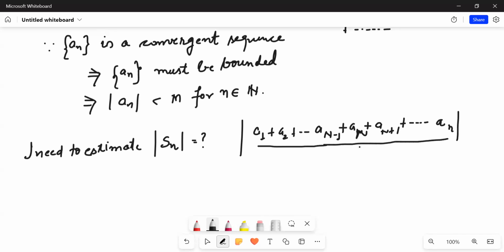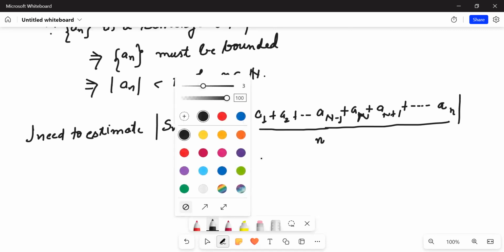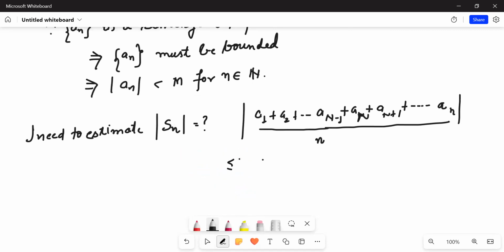This whole divided by n. And certainly this will be less than or equal to (modulus of a1 plus modulus of a2 plus ... plus modulus of a_{N-1}) upon entire n, plus the remaining terms.